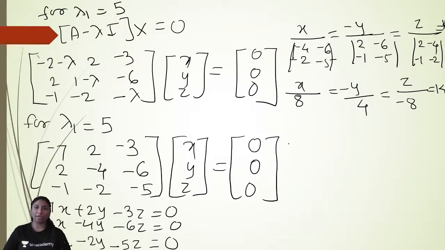So x is equal to 8k, y is equal to minus 4k and z is equal to minus 8k.